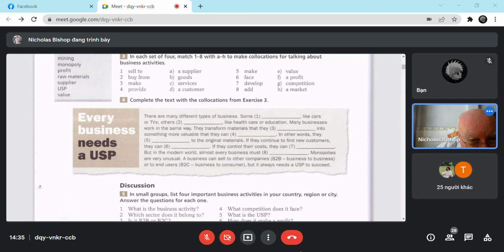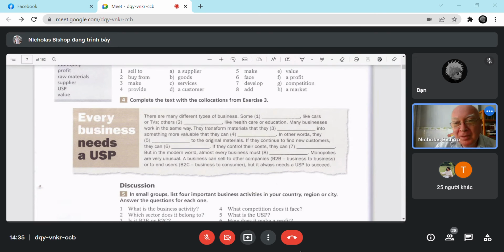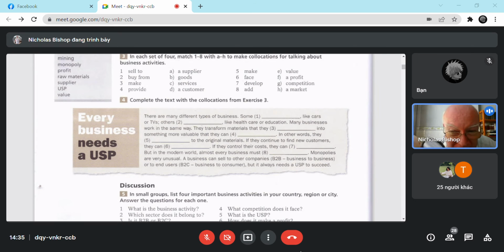I'm not quite sure about that. They transform materials that they ... into something more valuable.